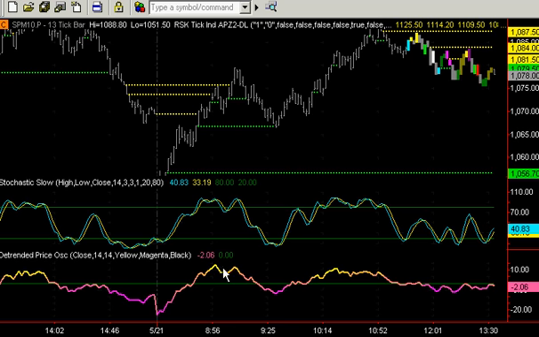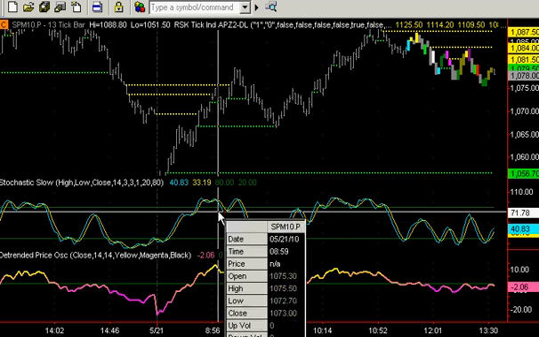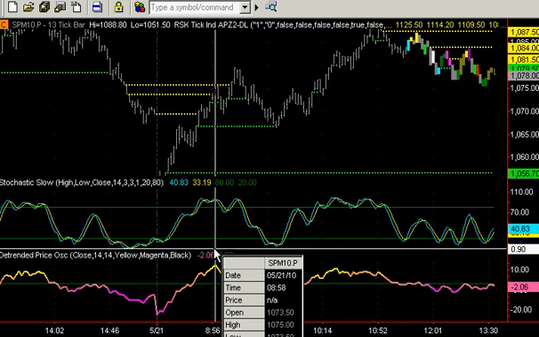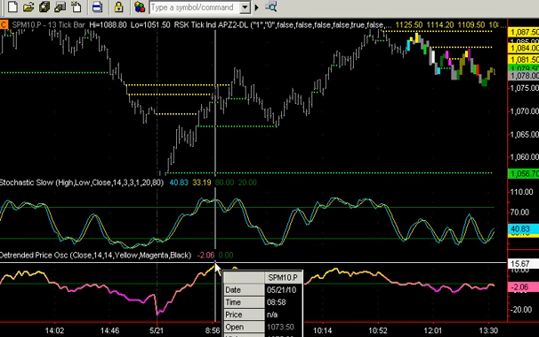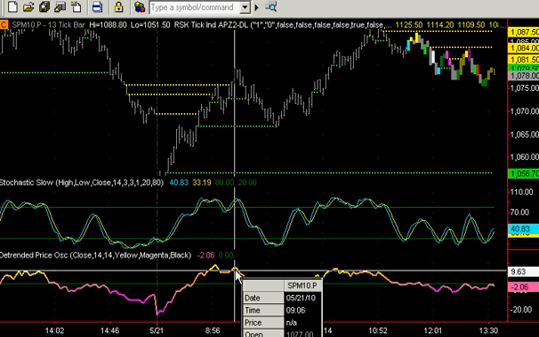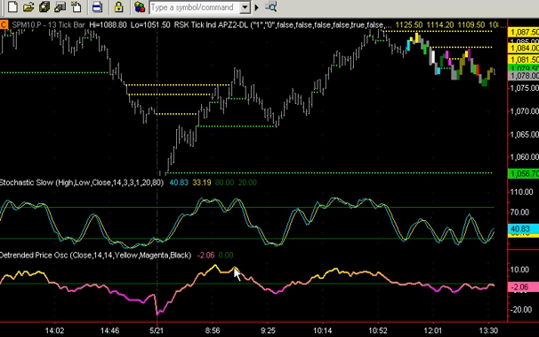The value of the DPO there is 14.18 versus 12.20. So there was an obvious divergence here on the DPO, higher high, lower high on the DPO. More divergence here and a better trade. Very easy to read.